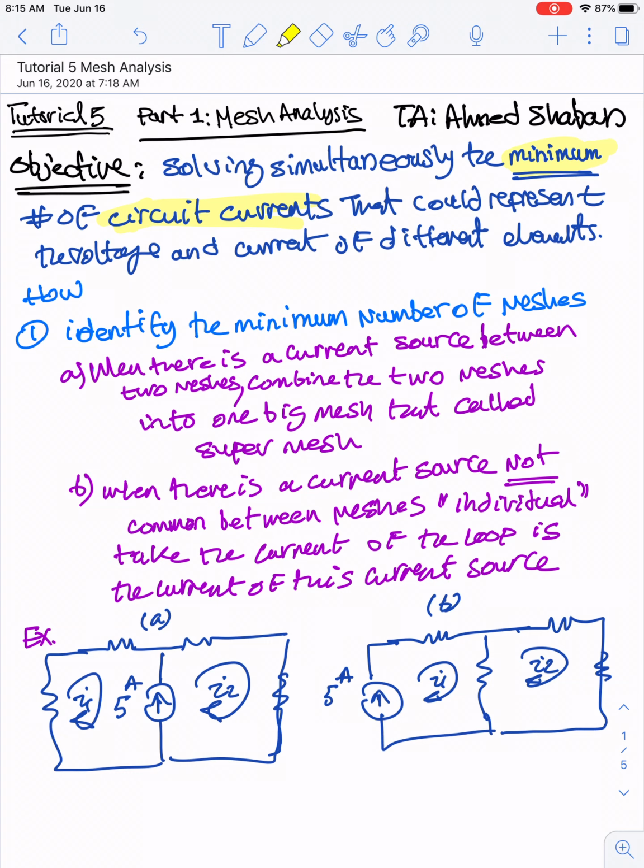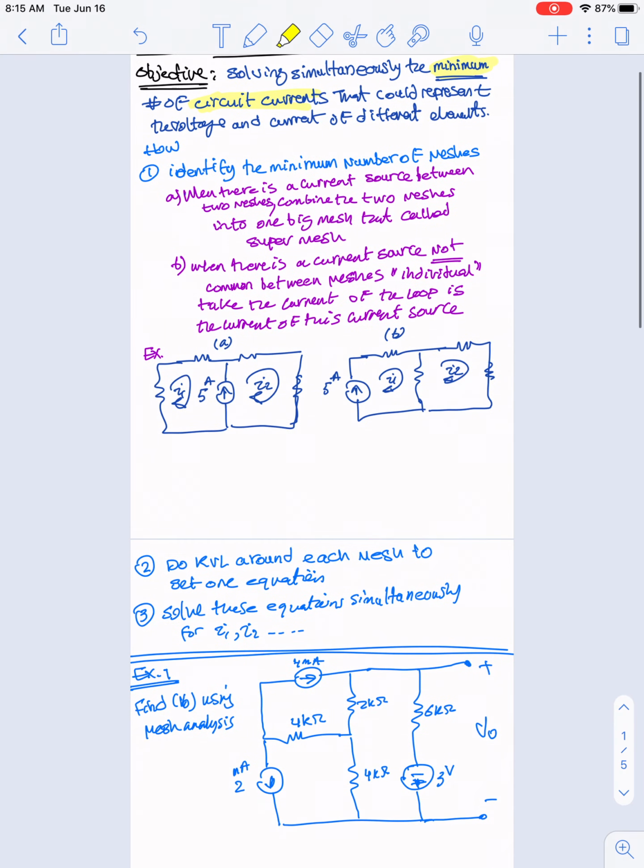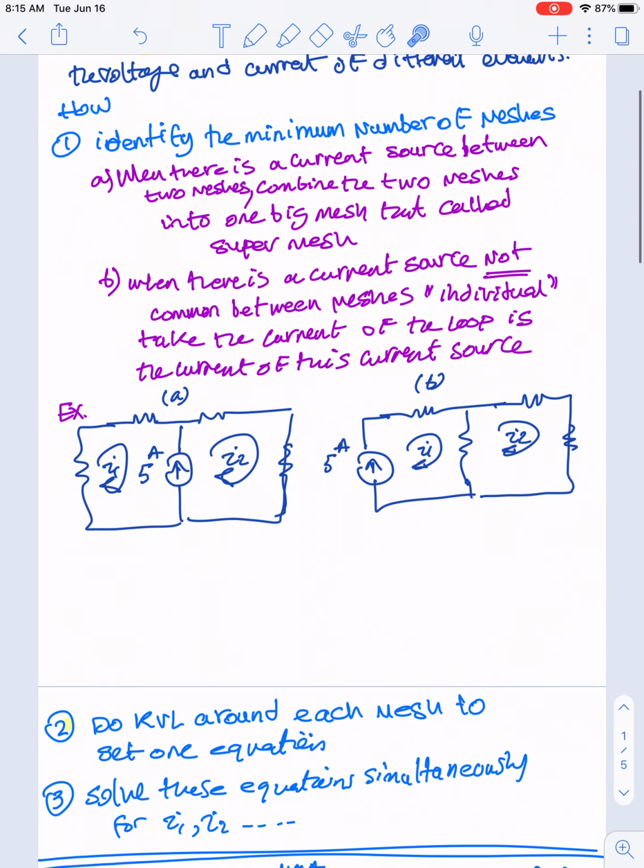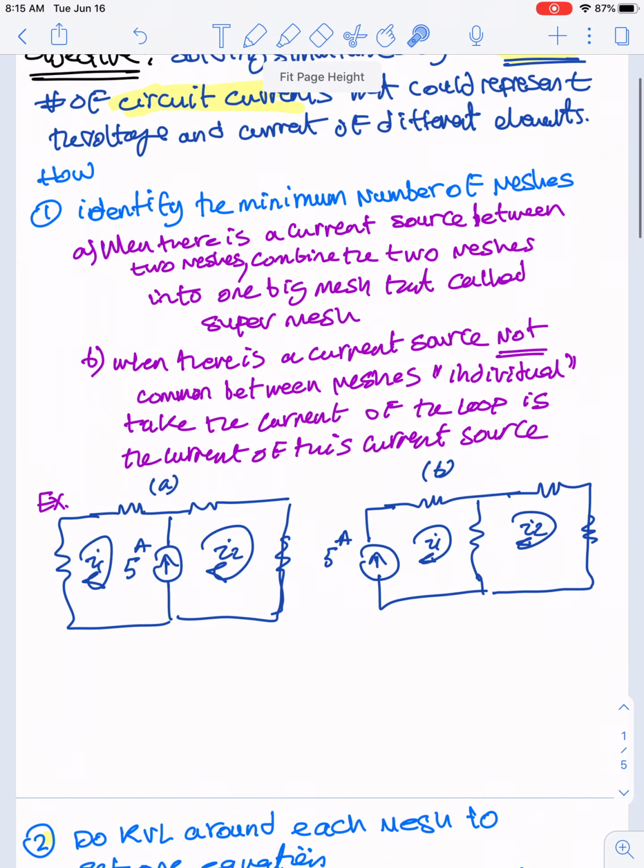Mesh analysis is a three-step process: step 1, step 2, and step 3. Also similar to nodal analysis, we have to identify the minimum number of meshes.